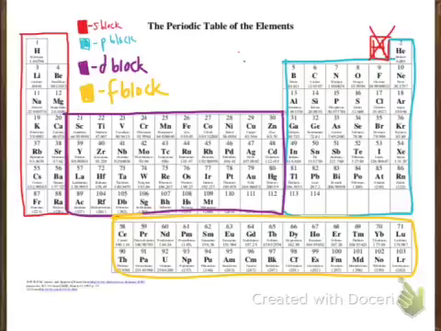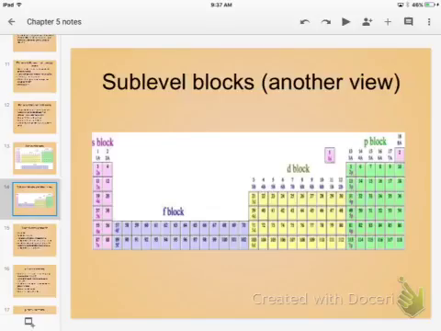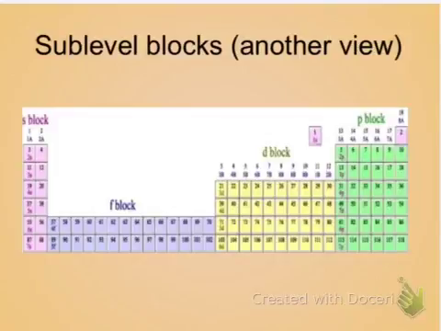This kind of gives you a clue as to what they need to do to be like a noble gas. So there's the sort of traditional sub-level block view. But again, like I said, I don't think it makes any sense until you see, for the very first time, the long form view. And it's such a great, easy cheat.